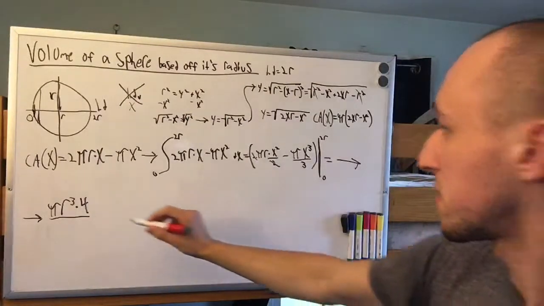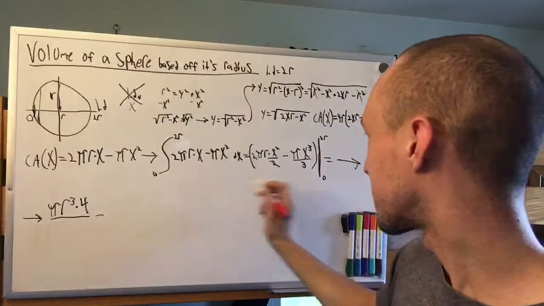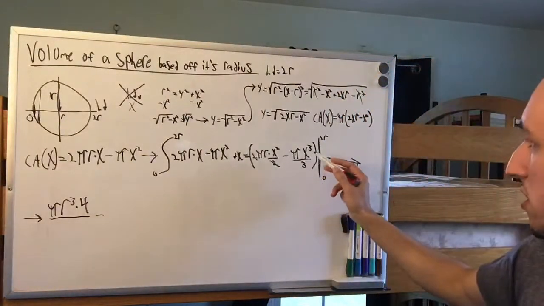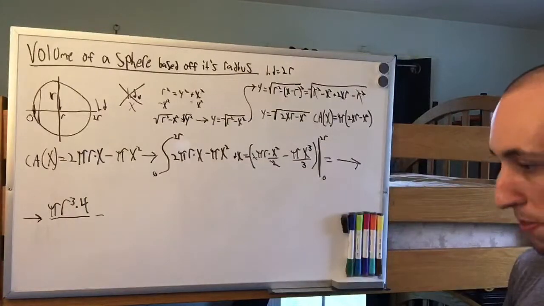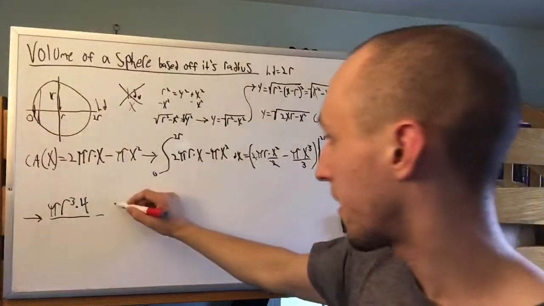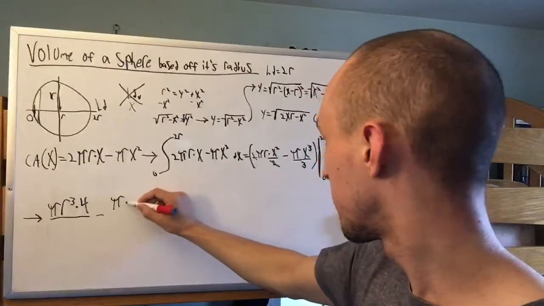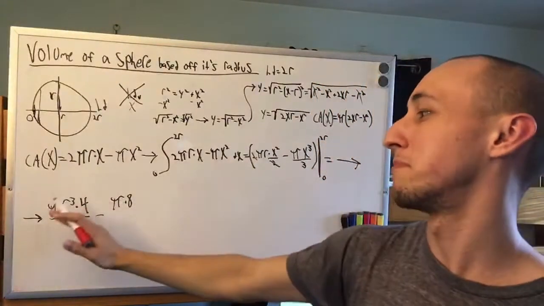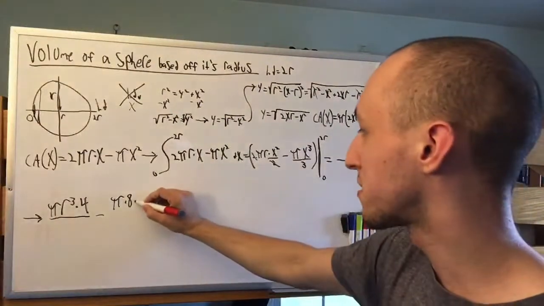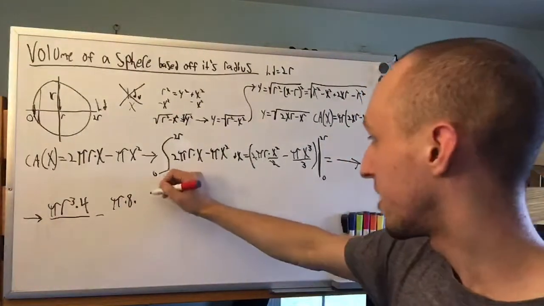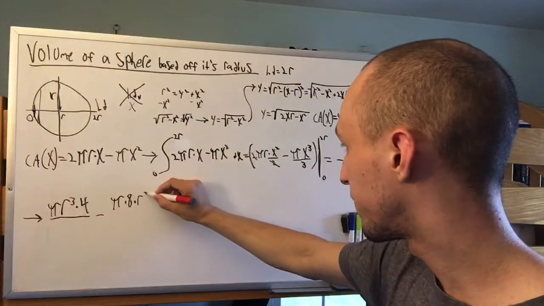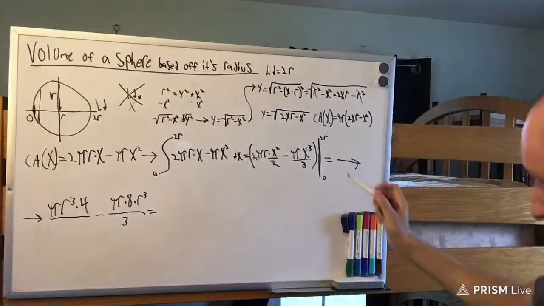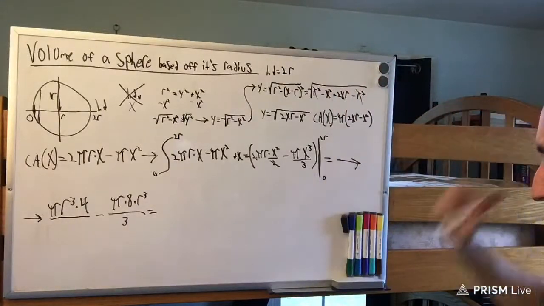Okay, that's done. I'm getting nervous now. I think it's all going to work out. And then 2 cubed, 2 to the third power, is 8. So we're going to have minus pi times 8. You want to put the numbers in the very front, but it doesn't matter. Over 3. So now, that looks good.